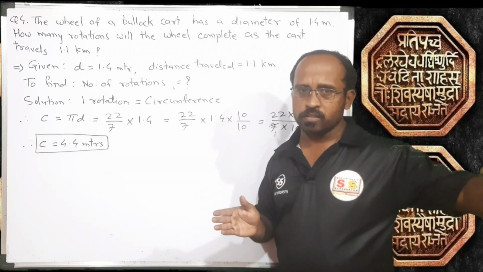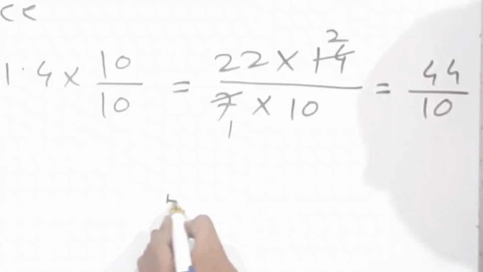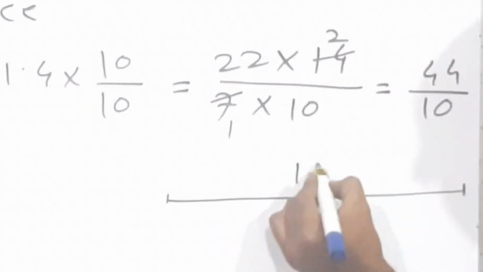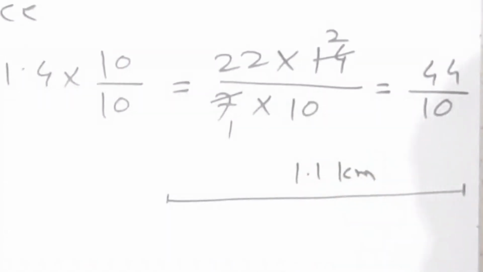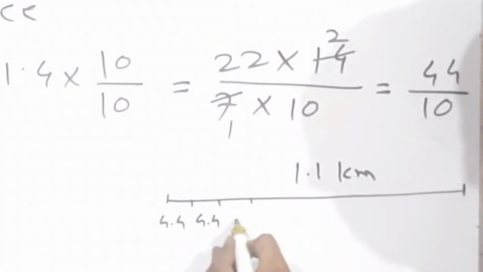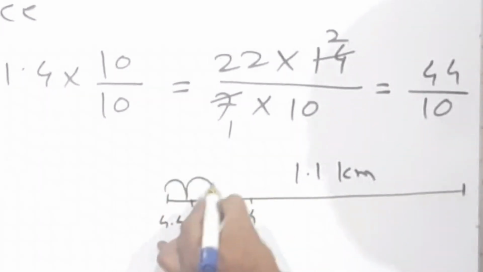How much total distance is covered? 1.1 kilometer. See, consider students, 1.1 kilometer is the distance. In one rotation, the wheel is covering a distance of 4.4. So in the next rotation, the next 4.4. In the next rotation, the next 4.4. So to find out how many rotations, what we have to do?